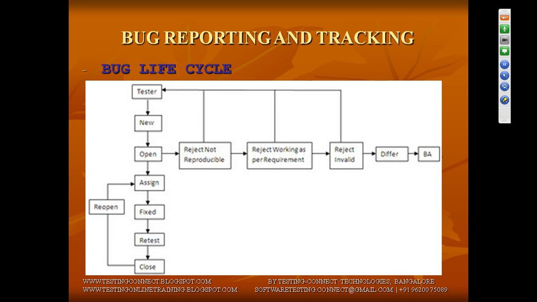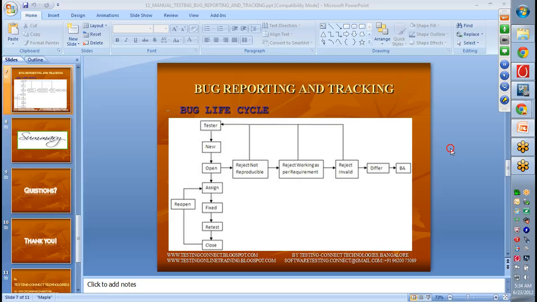Bug tracking means whatever the communication going on between the developer and you, in between the status new to closed. This communication is considered as bug tracking. Okay, bug reporting and tracking.